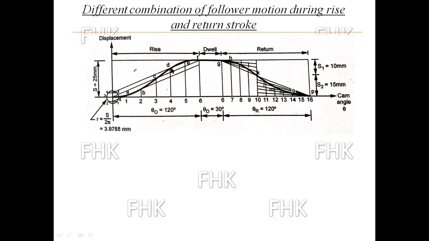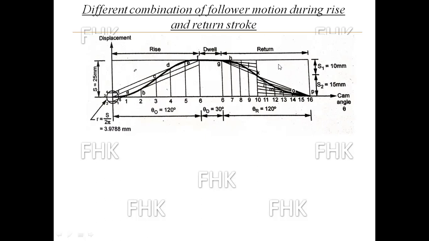This procedure is when the follower motion is cycloidal. The curve which we get here shows a cycloidal motion during forward stroke. And by this procedure, the outward curve is drawn.